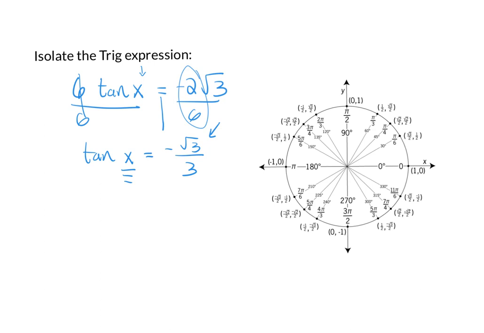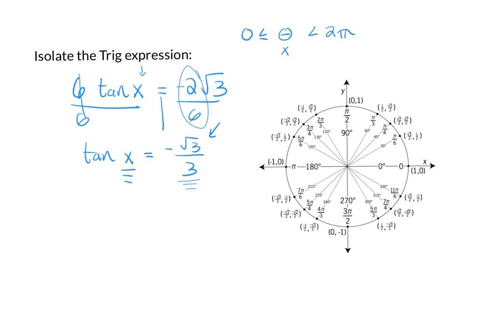Now, I should have mentioned this at the beginning. For today's lesson, we are just going to keep our answers in the range from 0 to 2 pi, so theta, or x, will be 0 to 2 pi. So technically, tangent of x will equal this value at an infinite number of locations because the circle just keeps going round and round and round.